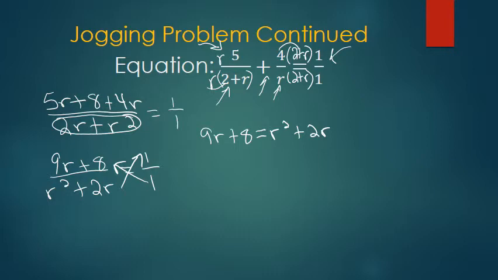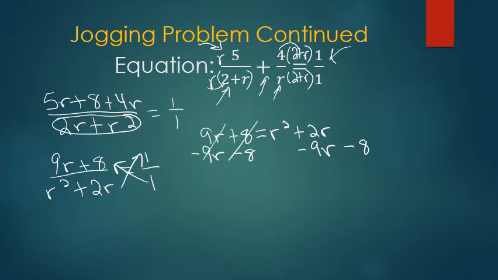So I need to remember what I have to do to be able to solve a quadratic. And that is you need to get it equal to 0, and then you need to factor it and use your zero factor principle to actually find your values. So I'm going to subtract 9r and minus 8 from both sides. So minus 9r minus 8.